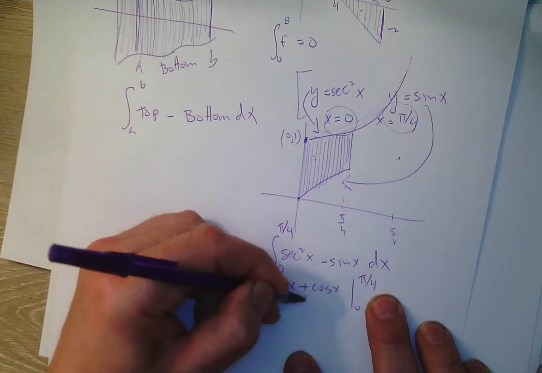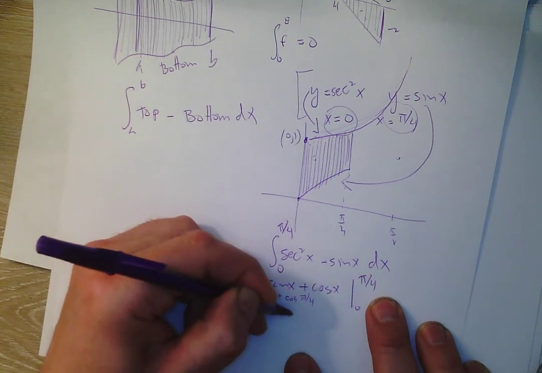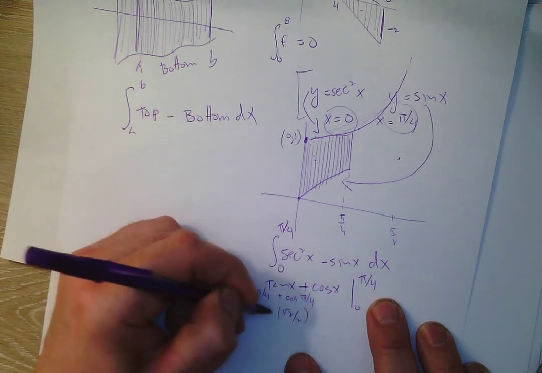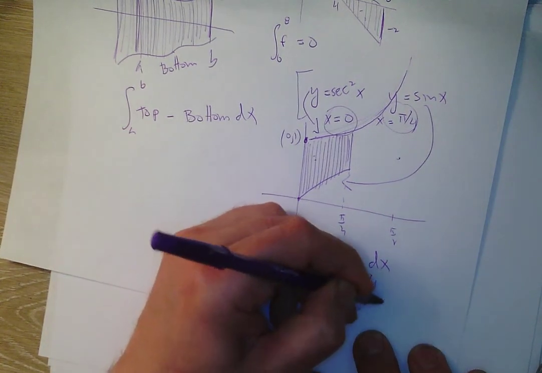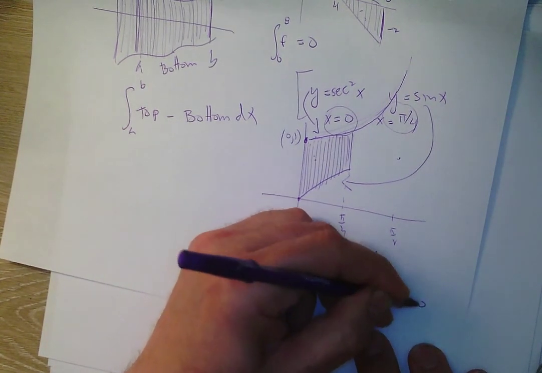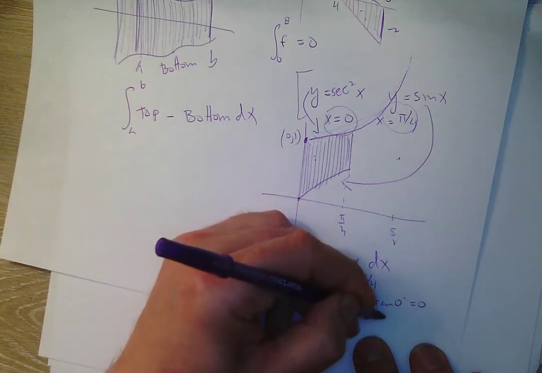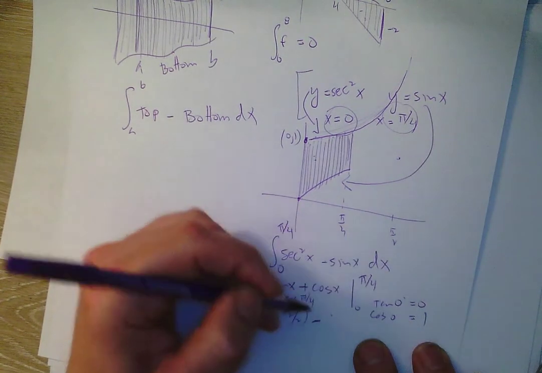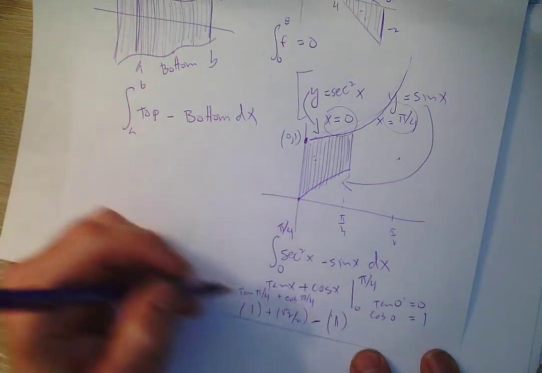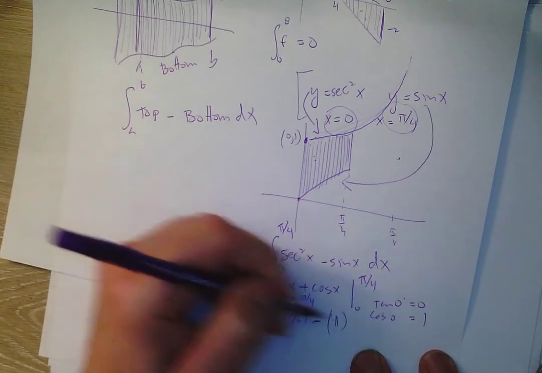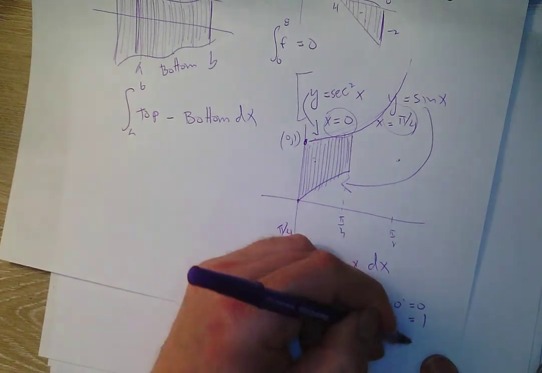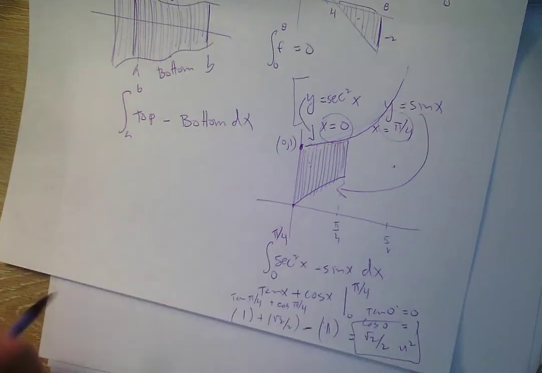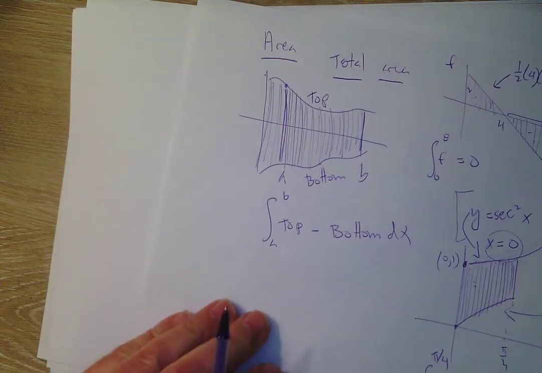Cosine of pi over 4 is root 2 over 2. Minus tangent of 0 is 0. And cosine of 0 is 1. So 1 minus 1, they cancel, and I'm left with root 2 over 2, units squared. Okay? How about this one?